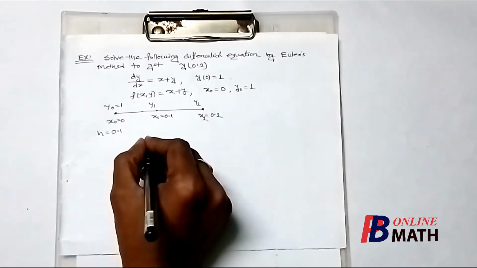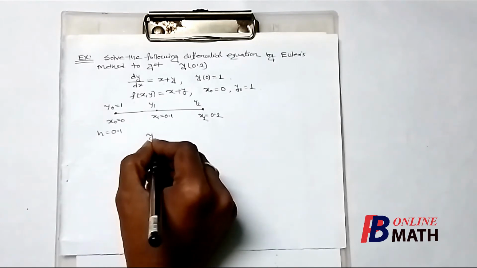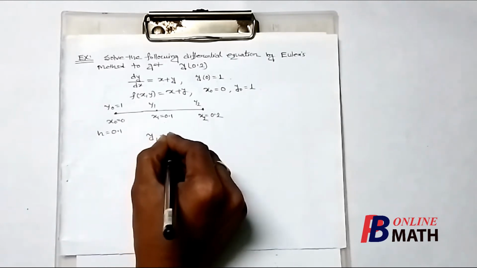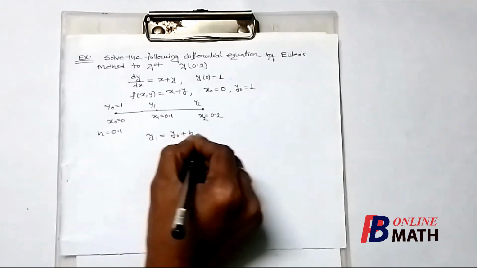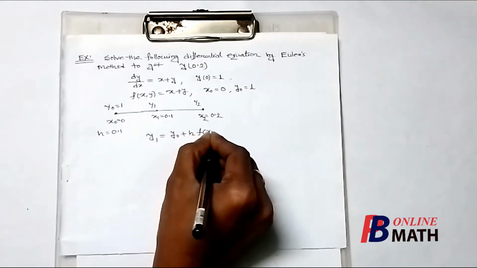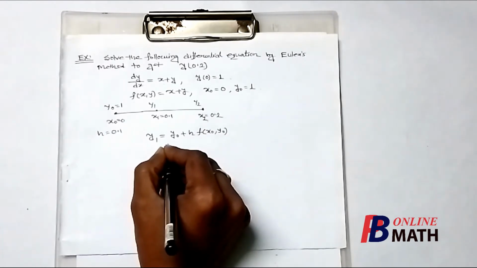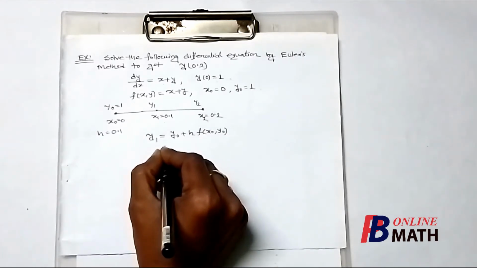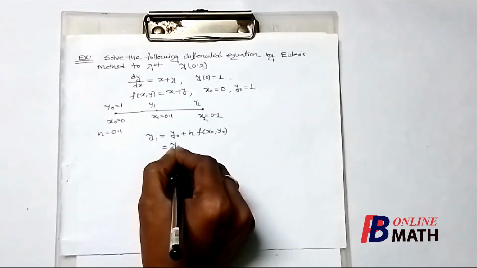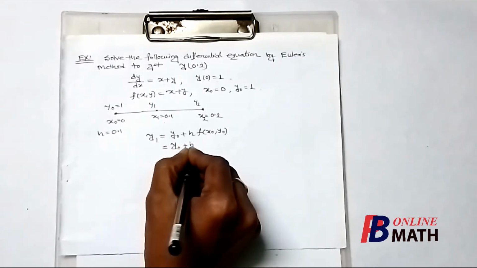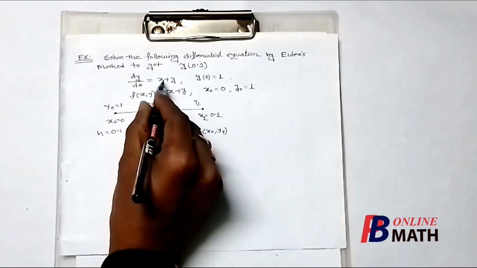We know that the formula is y1 equal to y0 plus h into f(x0, y0). That is equal to y0 plus h into, now f(x,y) equal to x plus y.